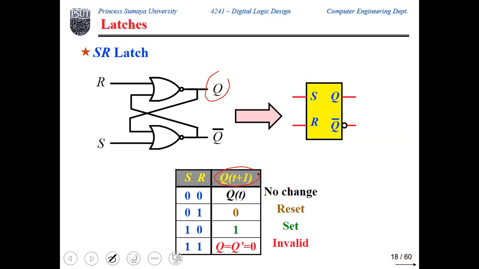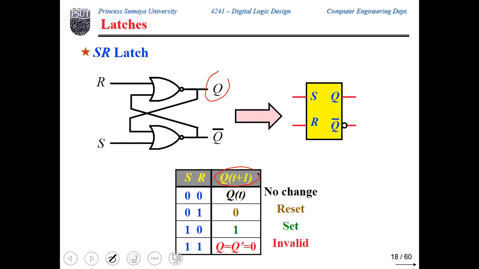Did I look at time when I analyzed the SR latch circuit? Did I care about time? Like when I said S is 0, R is 0, what is the new value of Q?